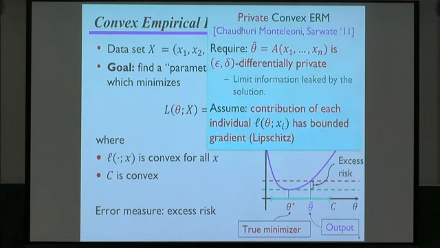For this talk, the assumption we'll make is that the contribution of each individual is bounded, in the sense that the little loss function is Lipschitz, meaning that I know an upper bound on the norm of the gradient of that loss function at all points. The exact upper bound isn't going to play an important role in the talk, but I want you to be aware it's there. We're going to have to assume that, and all the problems that I mentioned on the previous slide naturally come with this assumption built in. They satisfy it by definition.